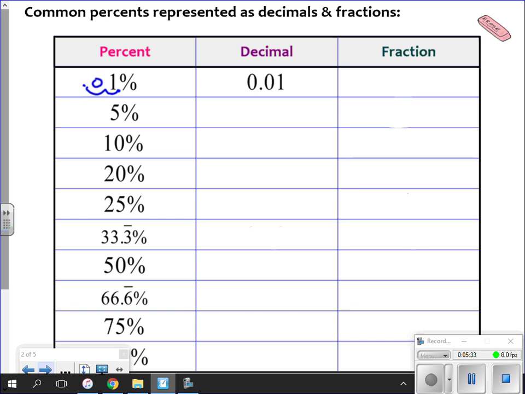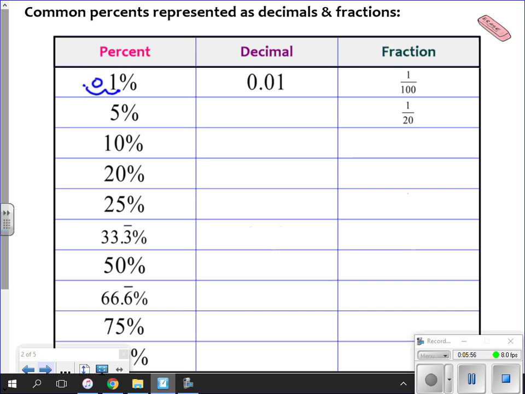Per for part, cent for 100, part of 100. So if I have 1%, that means I have a fraction of 1 out of 100. That's where it comes from. It's the number on top, what the percentage is, over 100. How many parts out of 100? That's what a percent is. So it's really easy to do.